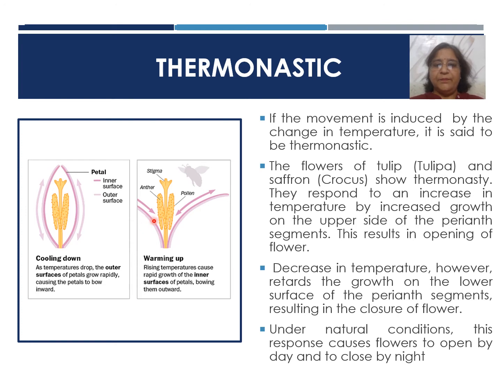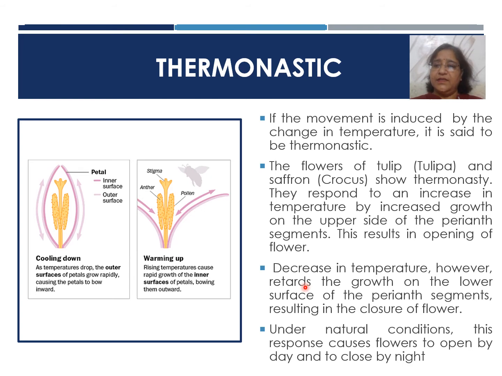So if the temperature increases, the upper side of the perianth shows more growth, and that is why the flower opens. The rising temperature causes rapid growth of the inner surface of the petals, bending them outward.